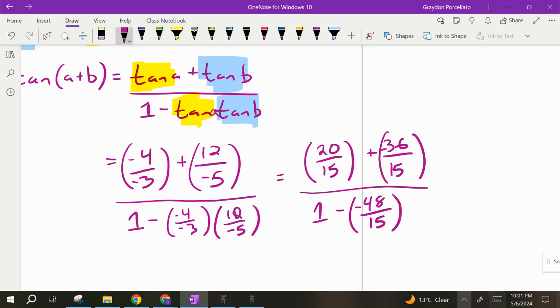Whew. All right. So let's simplify some more. Well, 20 plus -36 is 16.